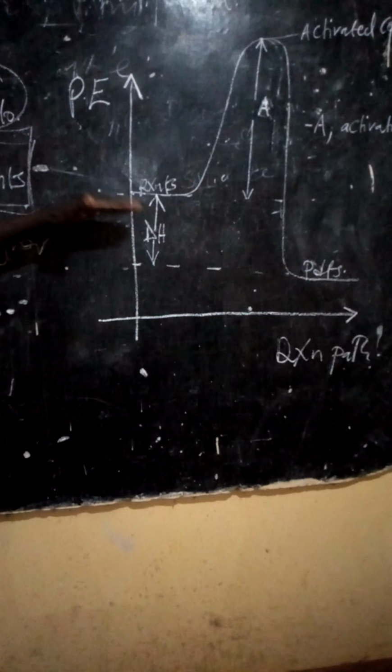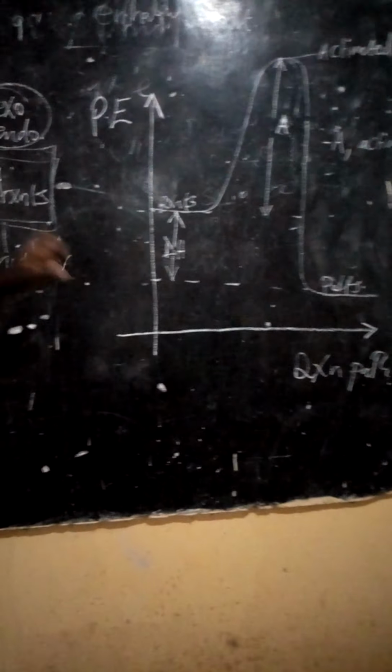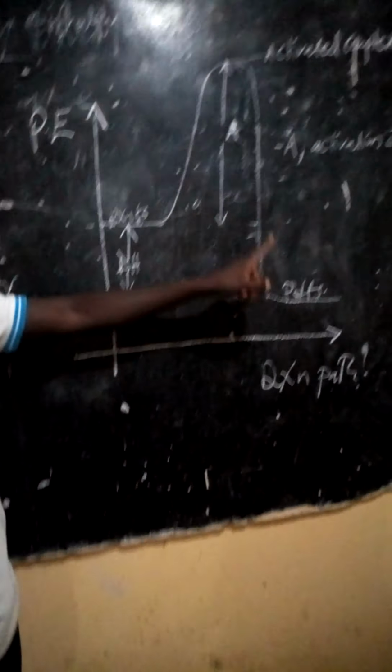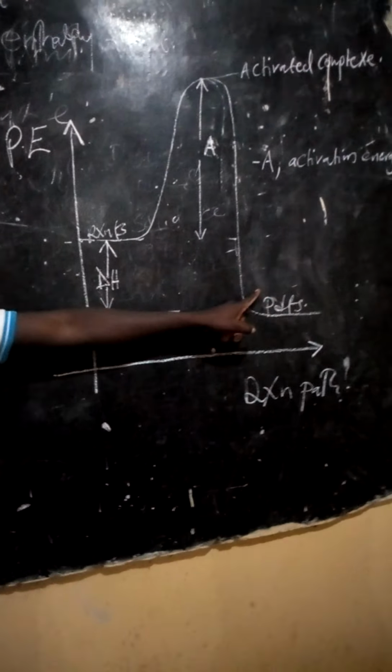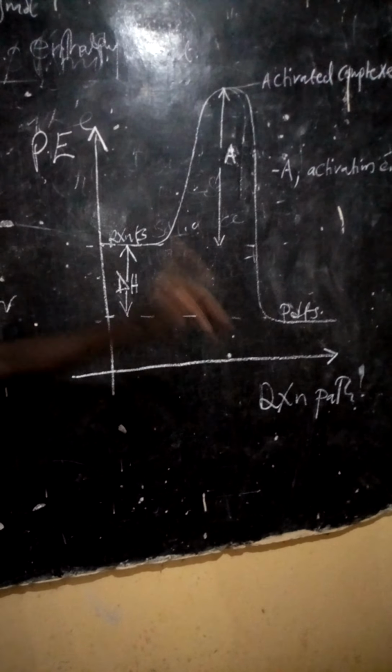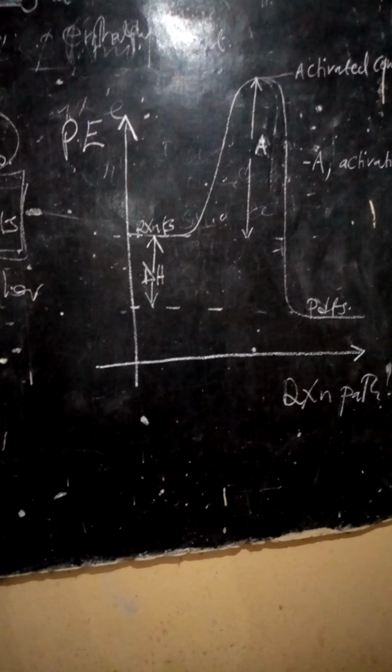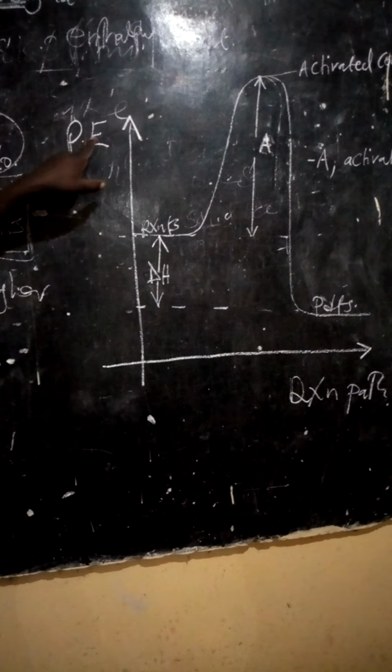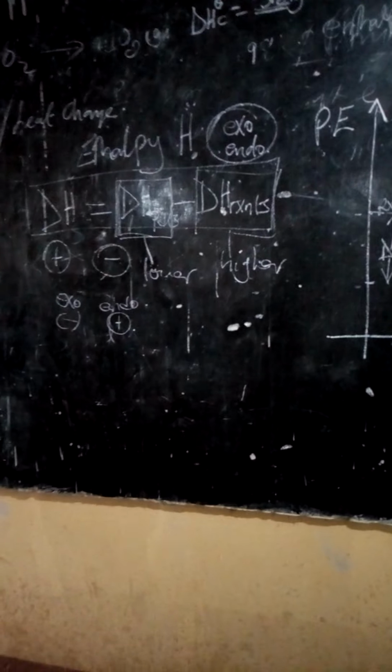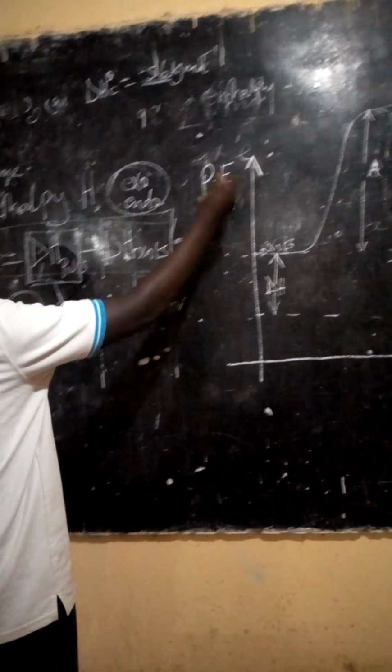They show us the levels at which we have reactants and products. So for exothermic reactions, reactants are up, then products are down. You should be in a position to define PE, to define activated complex, and to define activation energy. So here, what is this one?